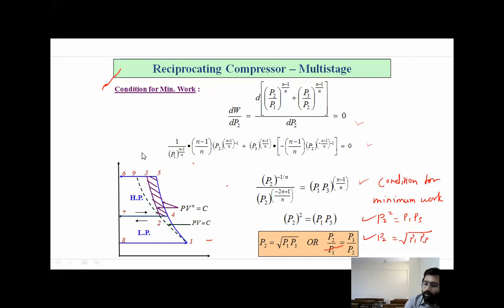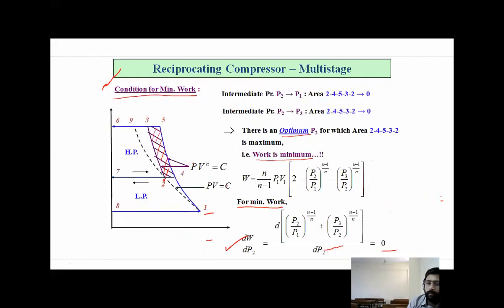Condition for minimum work. So write down here the formula. Condition for minimum work. Under that, write down dW by dP.